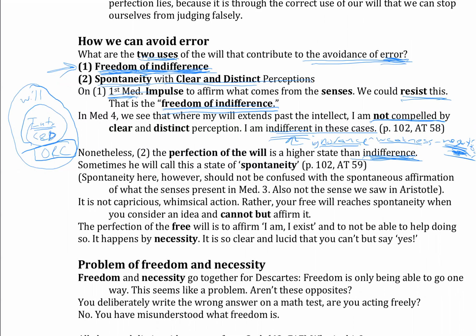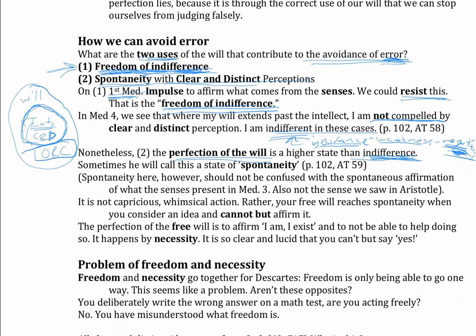But the will attains a higher state, a state of perfection, when it cannot but judge. And that happens when there's clear and distinct perception. He says at one point, a great light in the intellect is followed by a great, what is it, force, compulsion?